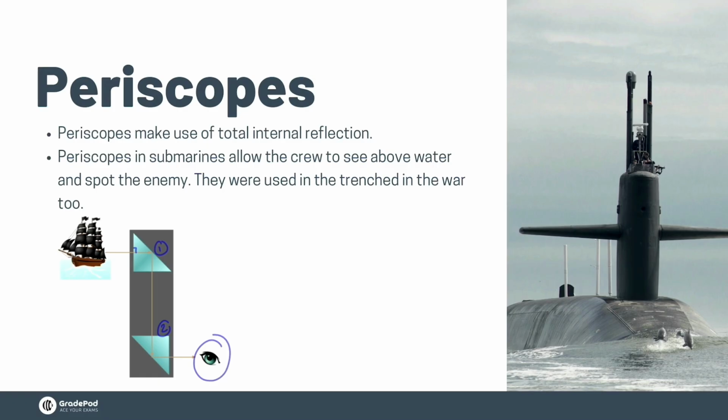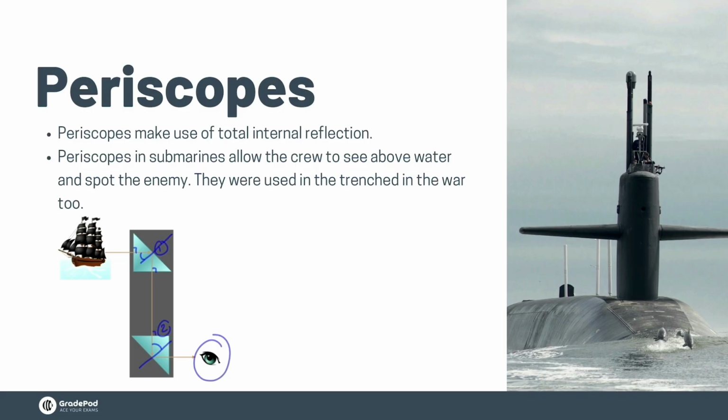It's internally reflected, so the angle of incidence is greater than the critical angle, so it reflects down. It travels out of the prism because it's at right angles, travels out without changing direction, hits the next prism, travels straight in without changing direction because it's along the normal, and it hits the boundary at an angle greater than the critical angle, and then it reflects back out into the eye.